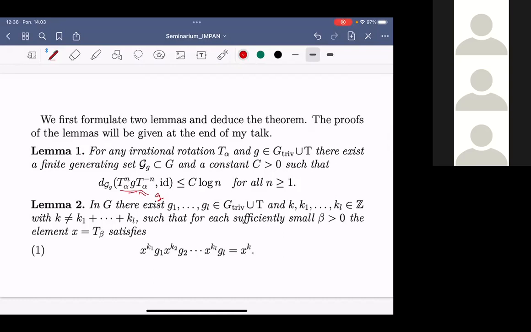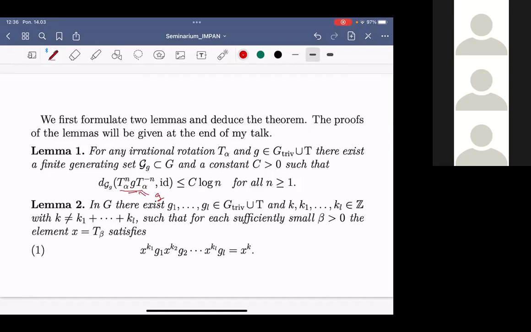The second lemma is a bit tricky, and it took some time to formulate and prove, but it is also elementary.